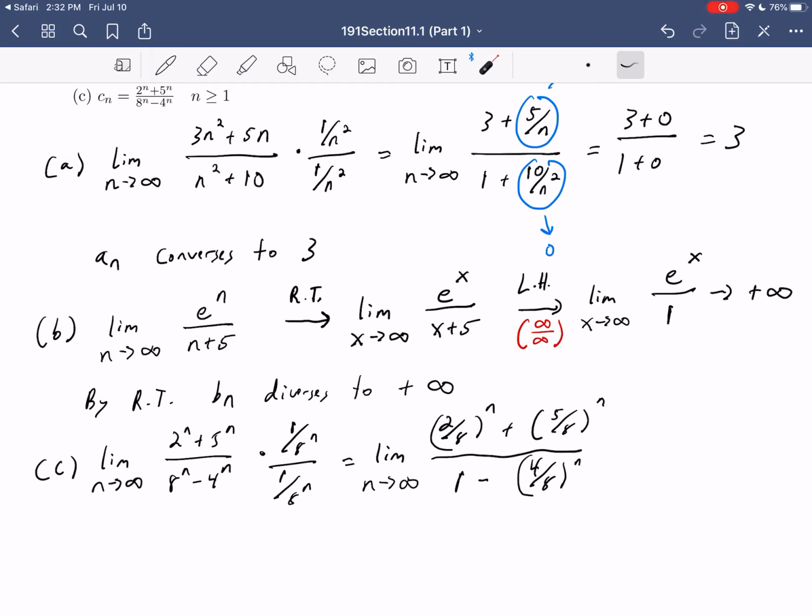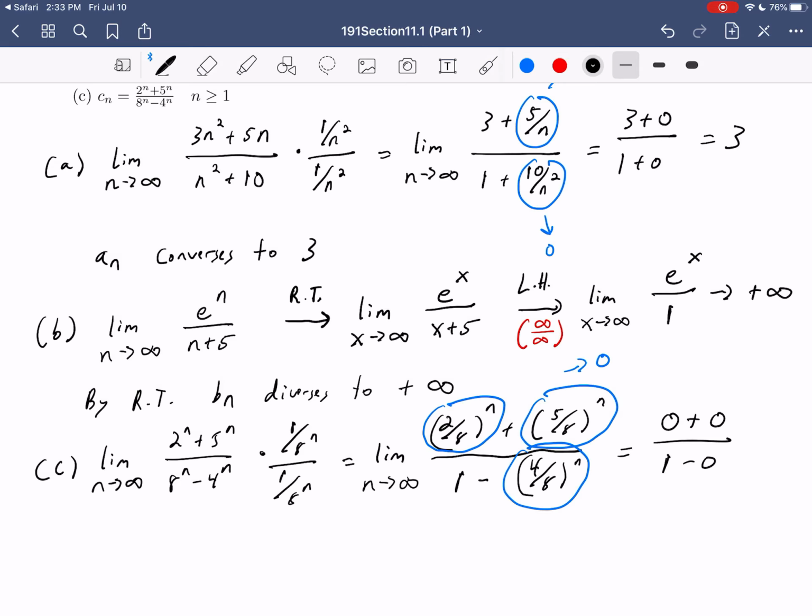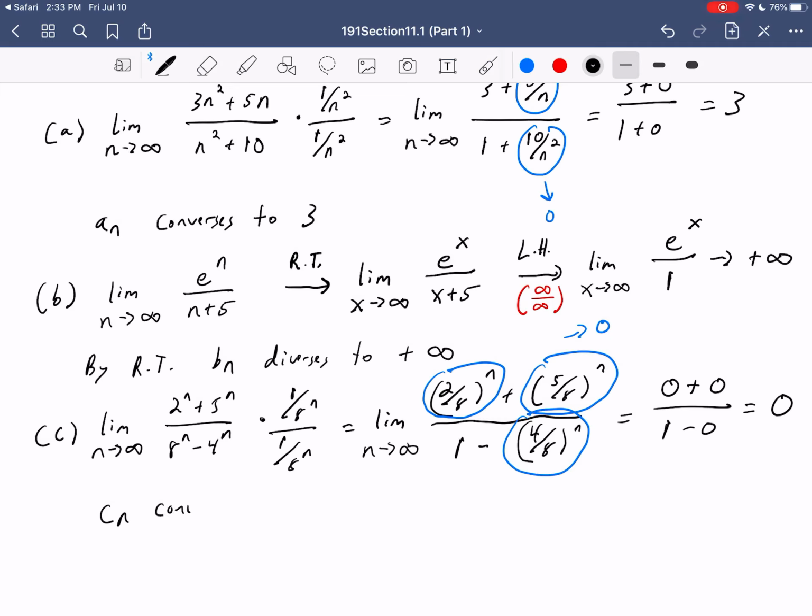If you had a big number, something larger than 1, like 2 or 3, those get larger and larger. 3 times 3 is 9, then times 3 again is 27, 81, 243, etc. But when this is a base less than 1, well, it's going to shrink smaller and smaller. So each of these are all going to tend to 0. So we can now say that this is going to be 0 plus 0 over 1 minus 0, which is 0. So we can say c sub n converges to 0.